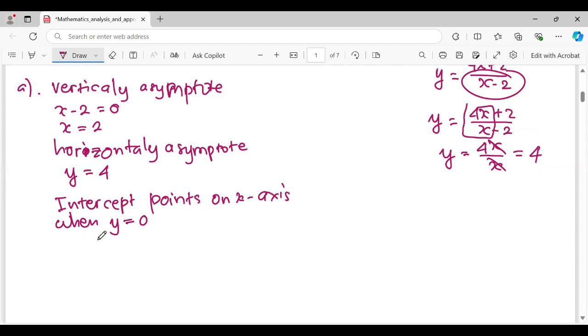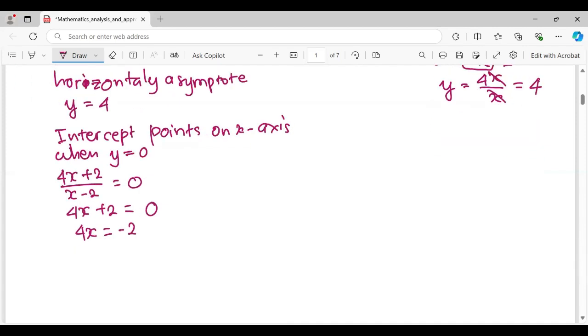If y equals 0, it means this function (4x plus 2) over (x minus 2) equals 0. It becomes 4x plus 2 equals 0, because x minus 2 is multiplied by 0. So 4x equals minus 2 and x equals minus half.